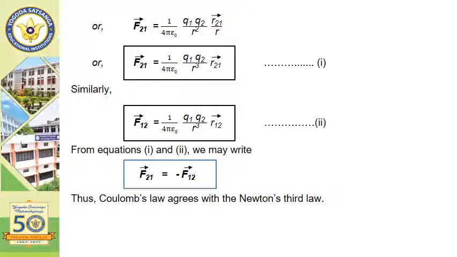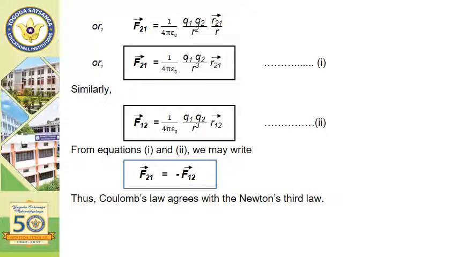Further, we may write vector F21 equals 1 upon 4 pi epsilon naught Q1 Q2 upon r square into vector r21 upon r. From vector algebra, we may write any unit vector as the vector divided by the magnitude of the vector itself.